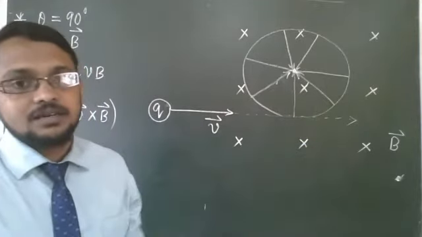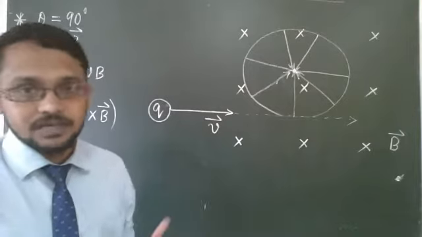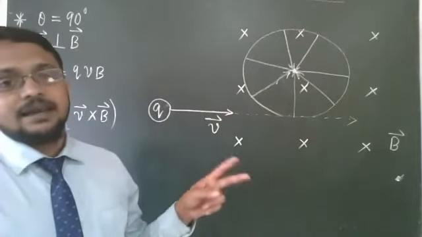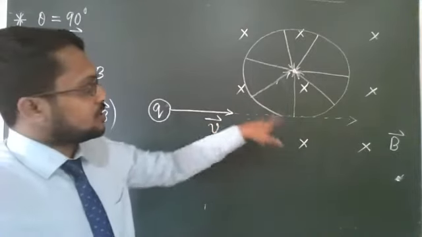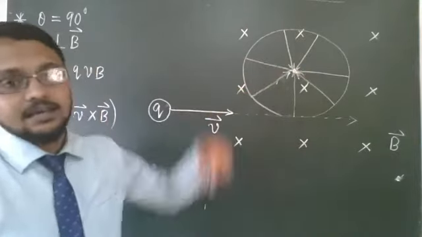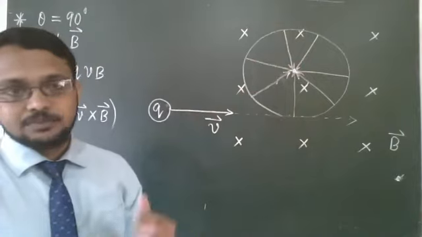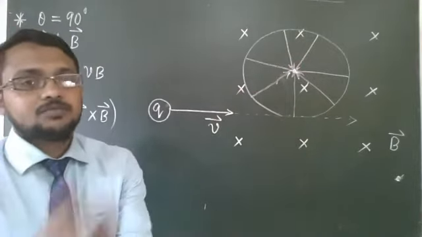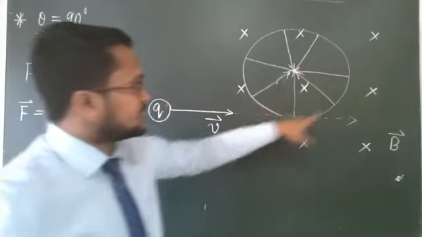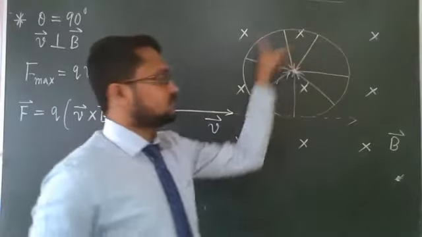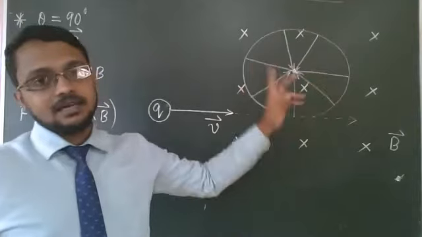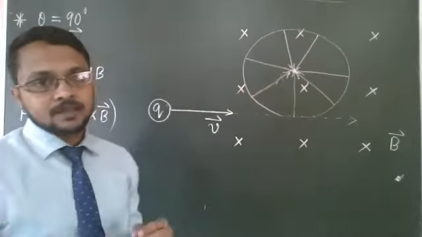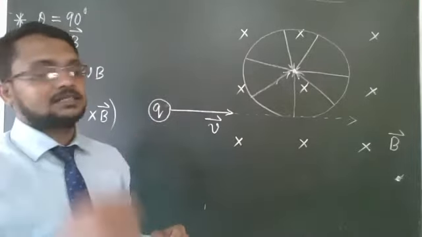If there is any other angle except 90 degrees, then the path will not be exactly circular, it will be helical. Helical means like a spring, it will move through a spring. Here it is circular, so there is no change in plane, but in a helical path there will be a change in plane. If you look at a spring, at every time it is changing its plane.